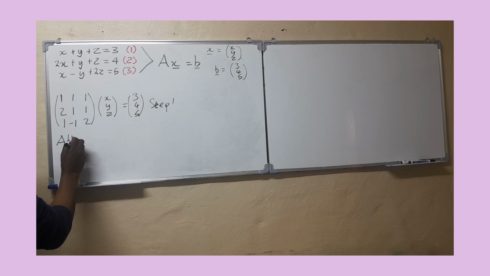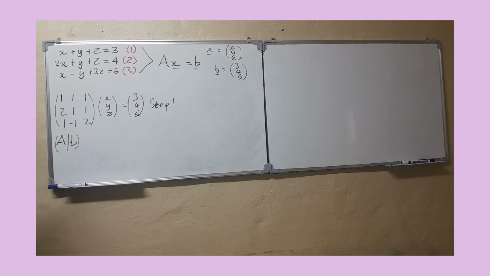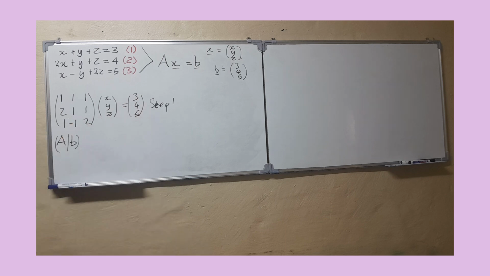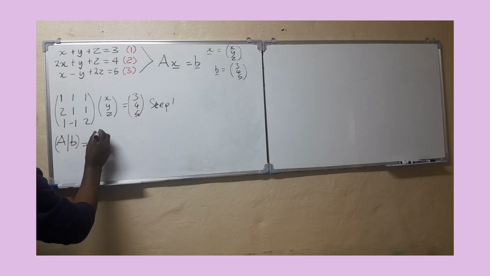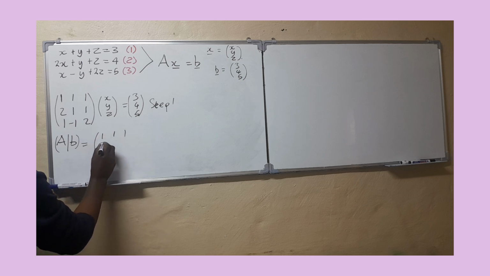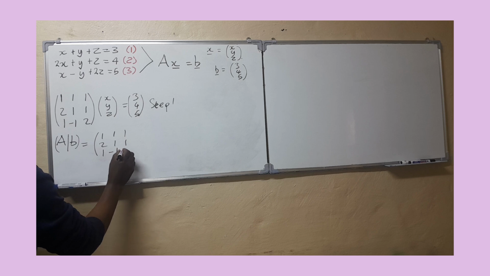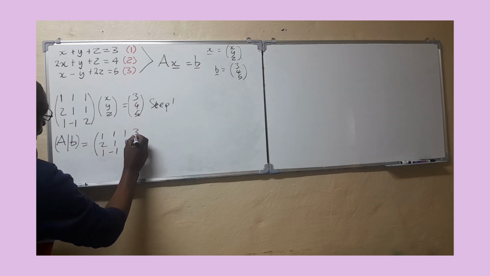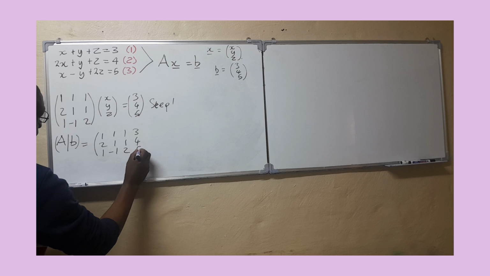The next step now is to construct a matrix A stroke B. What is that? It's the matrix A in juxtaposition with vector B. So our A, of course, is 1, 1, 1, 2, 1, 1, and 1, minus 1, 2. Then we put our B, it becomes 3, 4, 5.